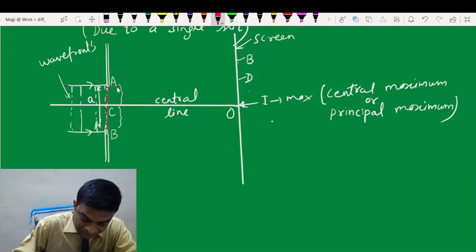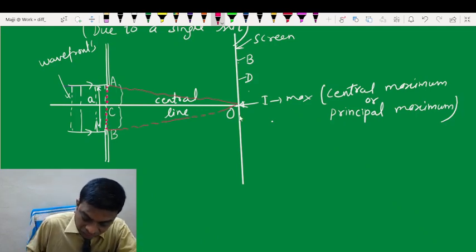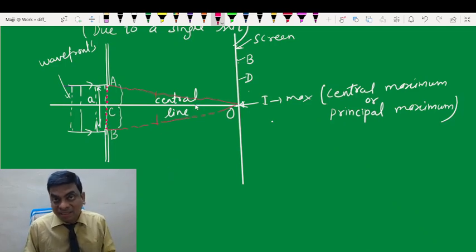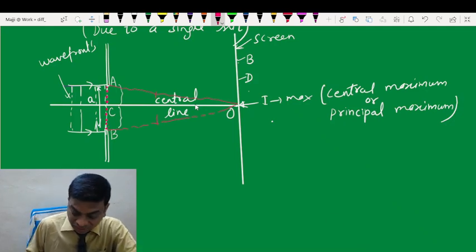Now let us consider a secondary wavelet starting from A and also a secondary wavelet starting from B. Since the points A and B are already in phase, being located on the same wavefront, and you can see the distance AO is the same as the distance BO, they will be interfering constructively, that is with zero phase difference or zero path difference.